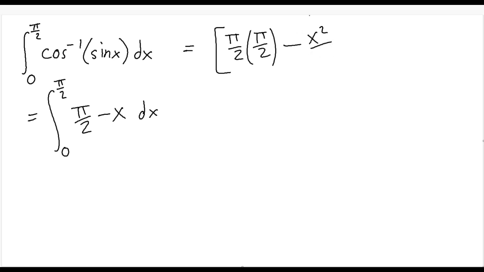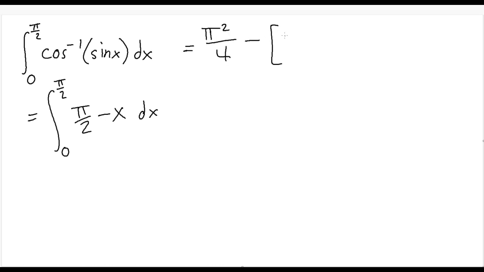I should probably rewrite all this. Let me rewrite all this. So pretty much I just split this integral. This is pi squared over 4, and then minus x squared over 2 from 0 to pi over 2. That's pi squared over 8. So this whole integral would just be pi squared over 8.